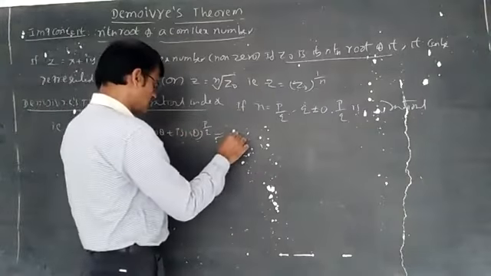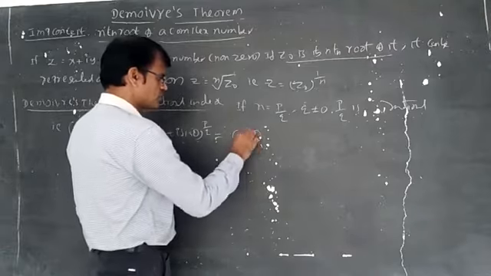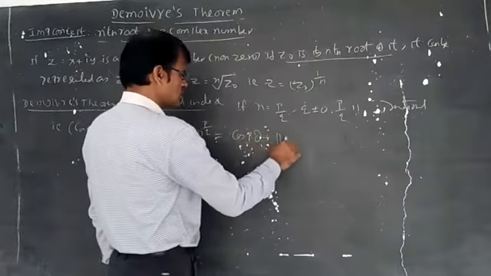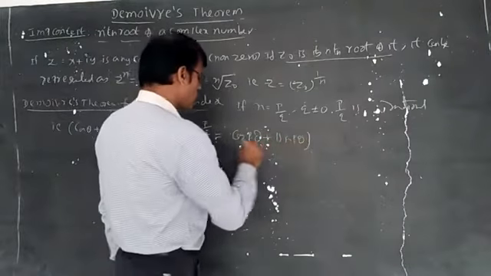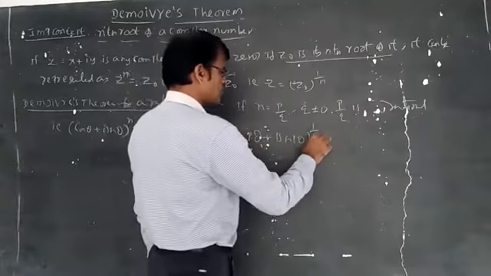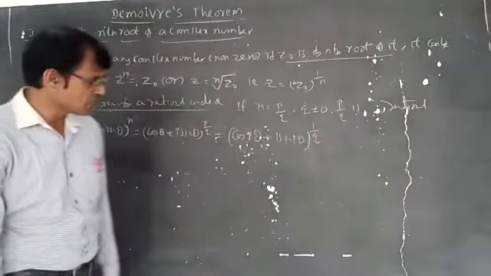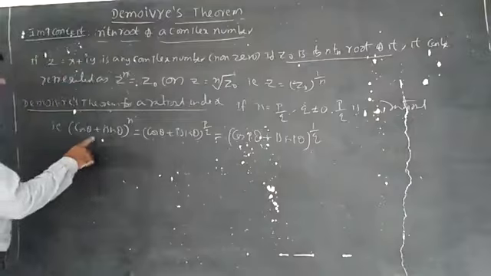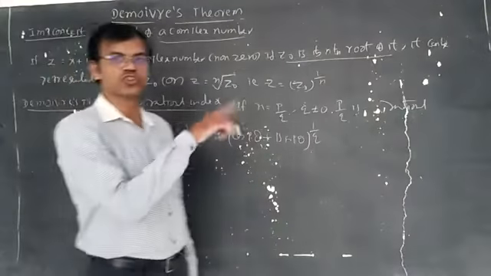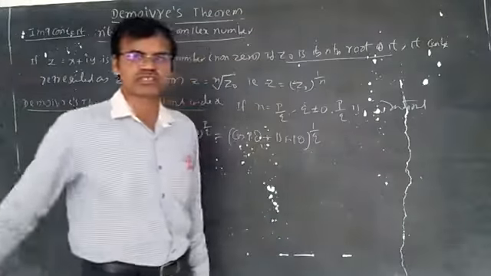This you can write as cos p theta plus i sin p theta whole power 1 by q. So it is nothing but a q-th root of this complex number.